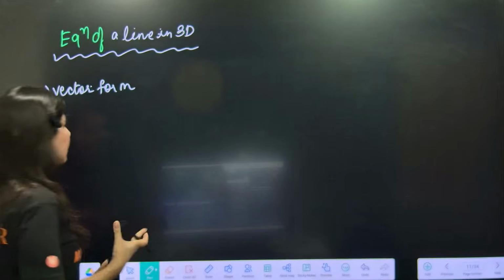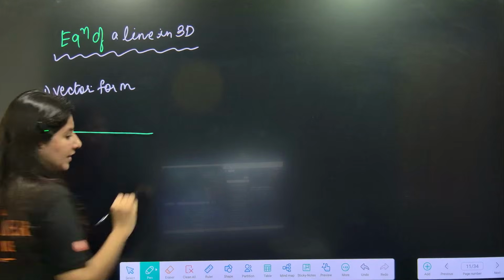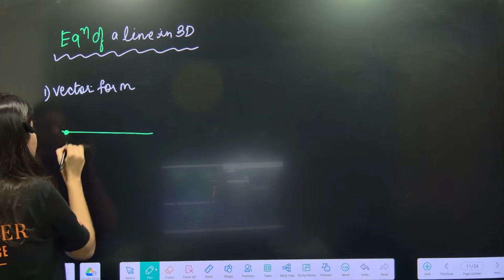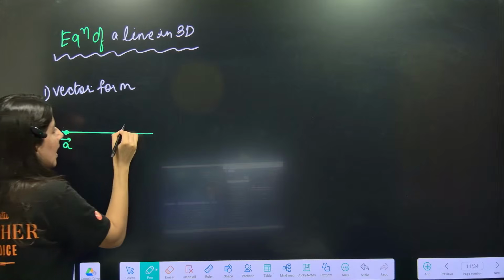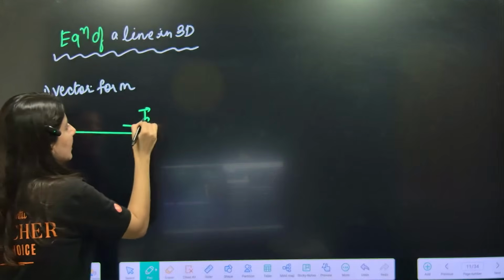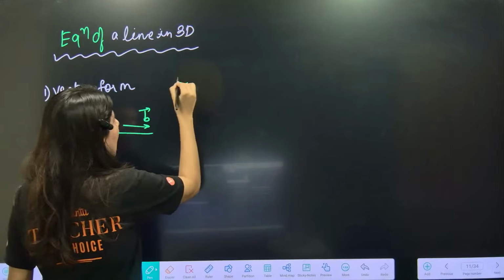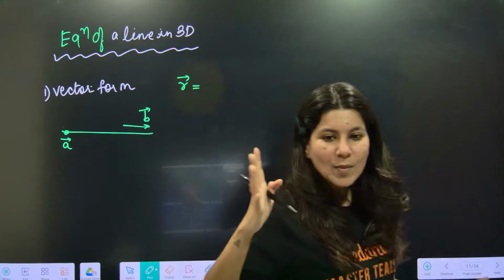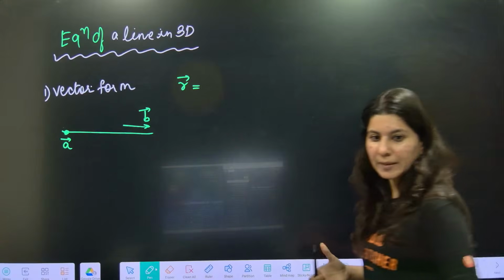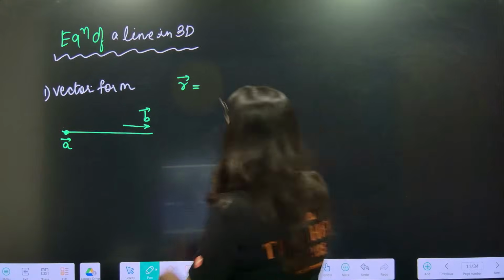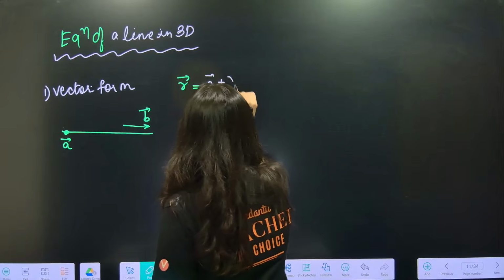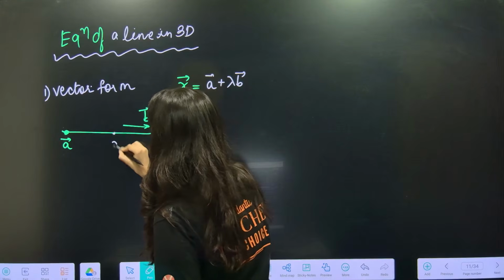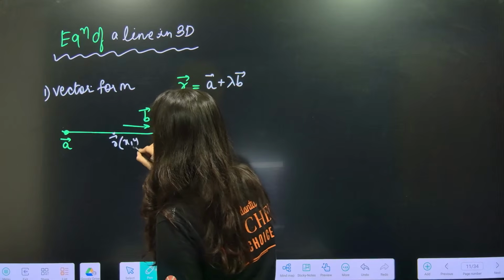Suppose you have to write the equation of any line, all you want is a point on that line and a direction of that line. So r vector, r is an unknown vector, just like we used to take x comma y. So r is equal to a plus lambda times b. What is r over here? An unknown point, which is suppose x comma y comma z.